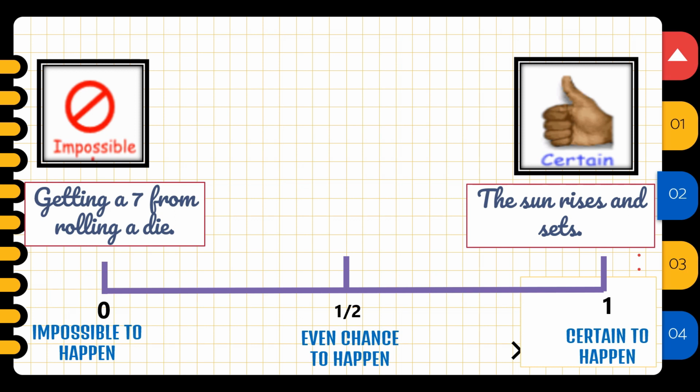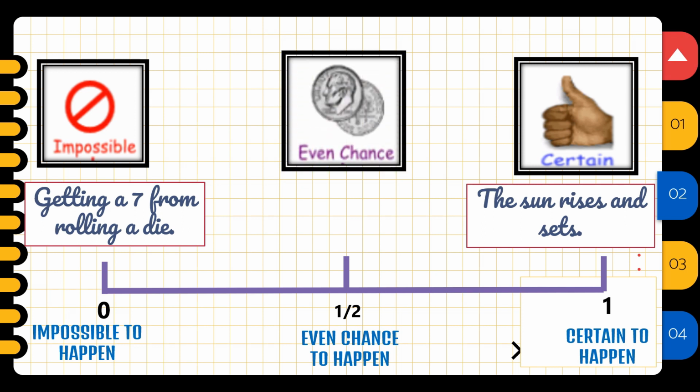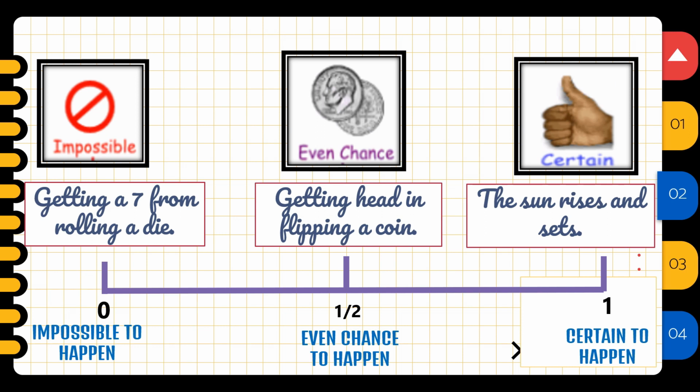On the other hand, 50% or 1/2 means there is an even chance that the event will happen. For example, you're flipping a coin and you would like to get a head. There are only 2 possible outcomes in a coin. The first one is a head and the other one is a tail.